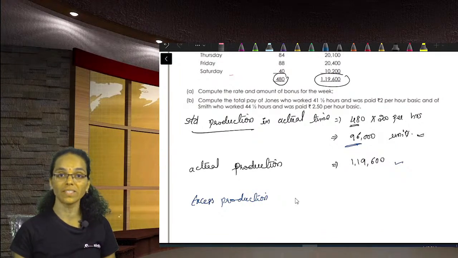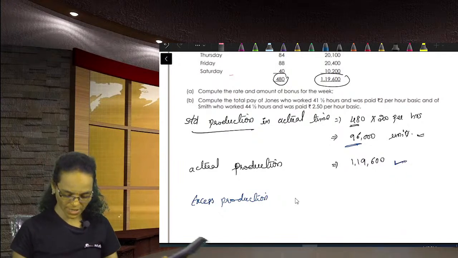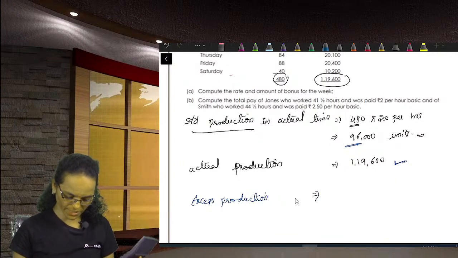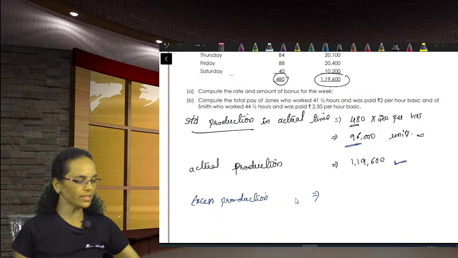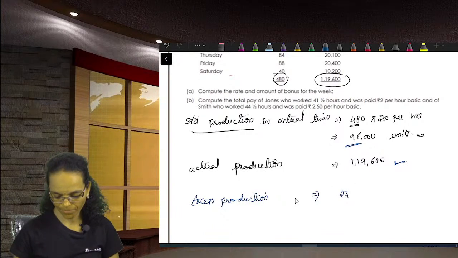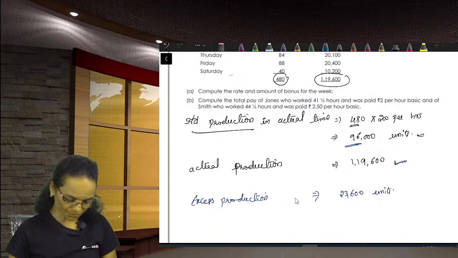That means they made some additional units, which is the excess production. So excess production is 1,19,600 minus 96,000, that is 23,600 units they produced in excess for the complete week.